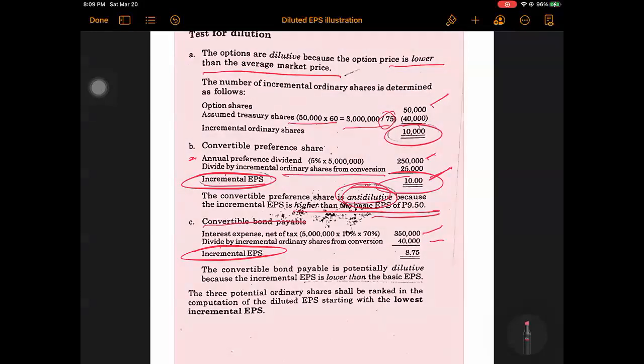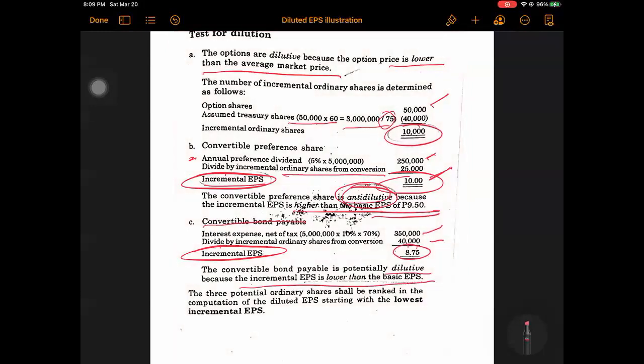Therefore, your incremental earnings per share is 8.75. Therefore, it is lower than your 9.50 basic earnings per share. So, this convertible bonds payable is potentially dilutive because the incremental earnings per share is lower than the basic earnings per share.